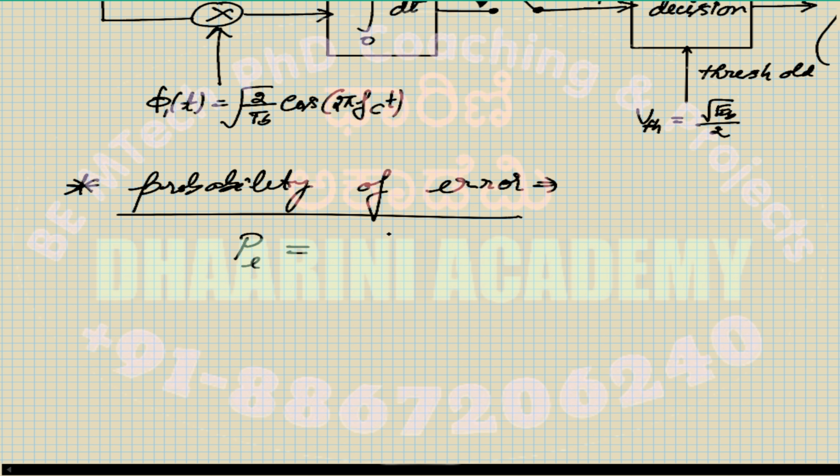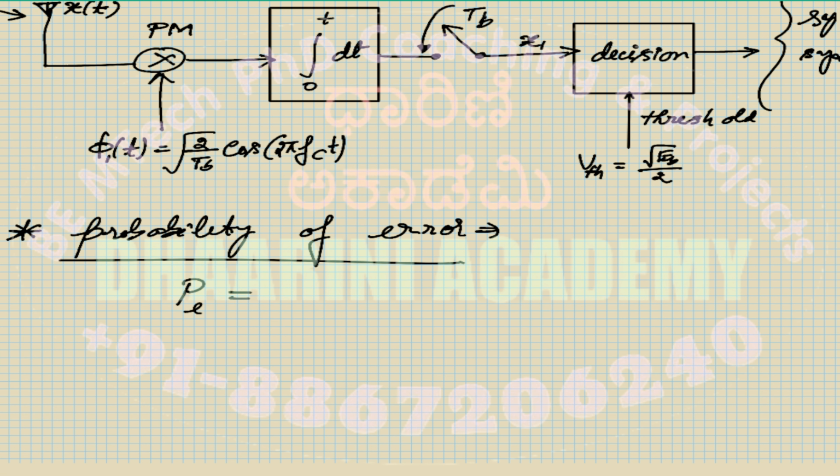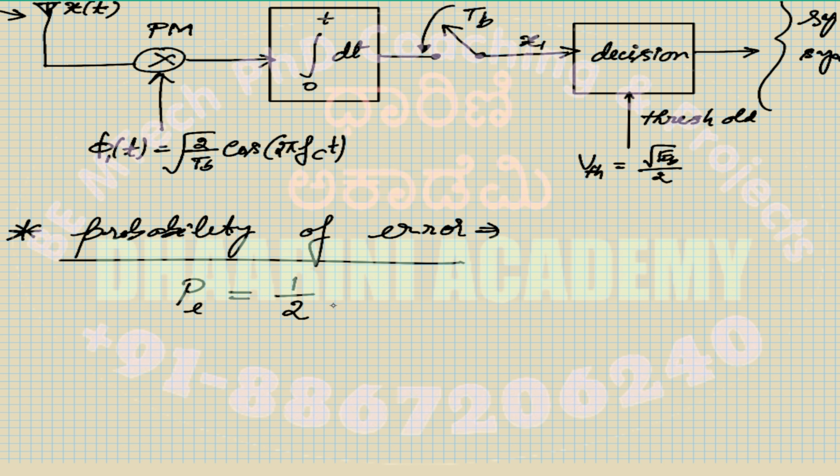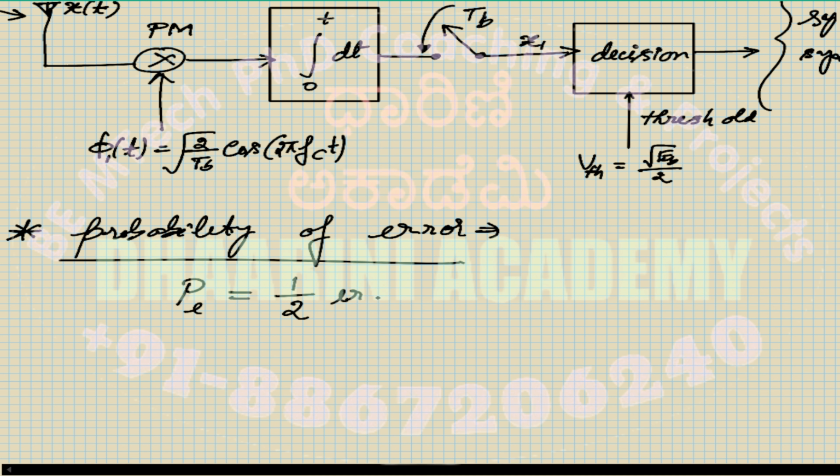The probability of error, Pe, is equal to half of erfc, the standard error function, of half of root of Eb by N naught.